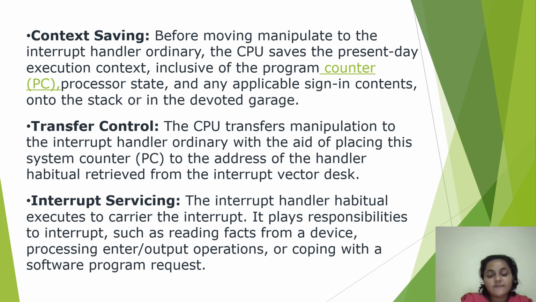Context saving. Before moving control to the interrupt handler routine, the CPU saves the current execution context, including the program counter, processor state, and any relevant register contents, onto the stack or in dedicated storage.